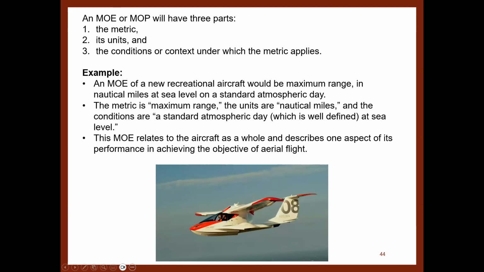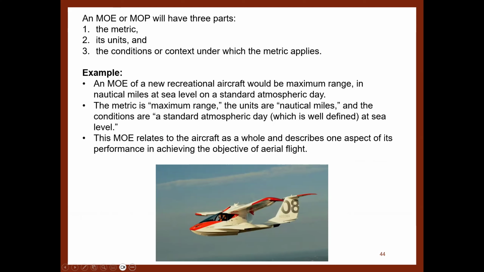An MOE or MOP will have 3 parts: the metric, its units, and the conditions or context under which the metric applies. So for example, an MOE of a new recreational aircraft will be maximum range in nautical miles at sea level on a standard atmospheric day. Okay, so those 3 parts are accomplished.